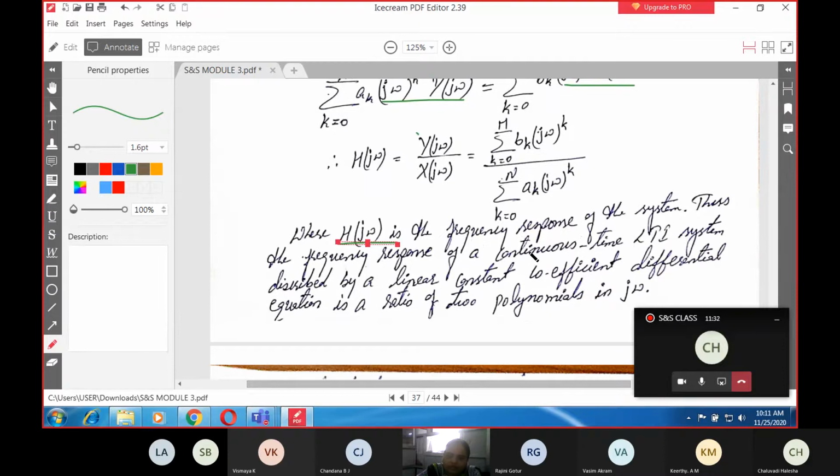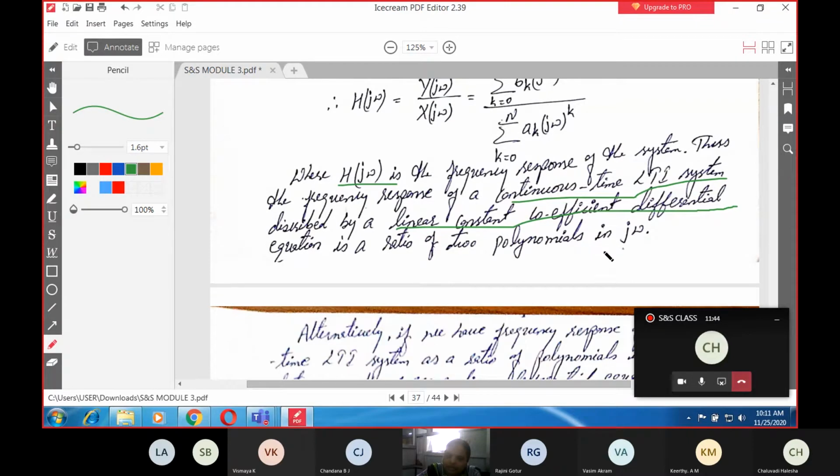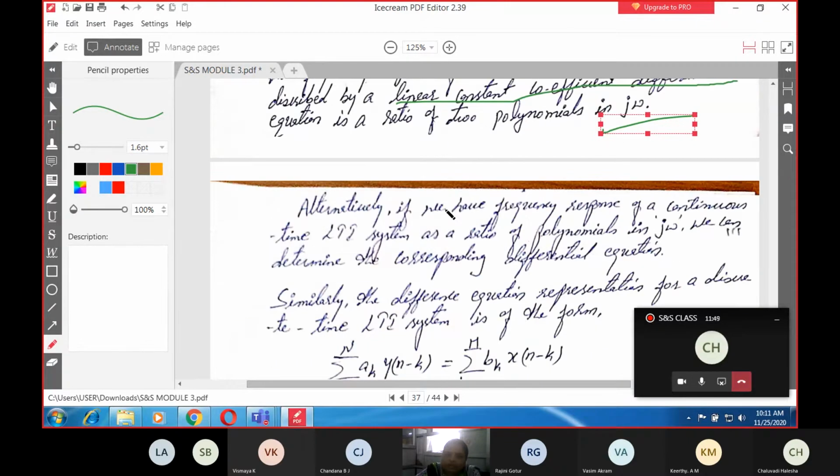Thus, the frequency response of a continuous time LTI system described by the linear constant coefficient differential equation is the ratio of two polynomials in j omega. Alternatively, if we have the frequency response of a continuous LTI system as a ratio of polynomials in j omega, we can determine the corresponding differential equation.